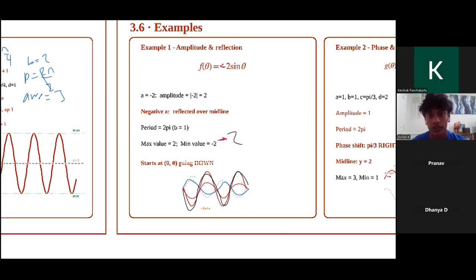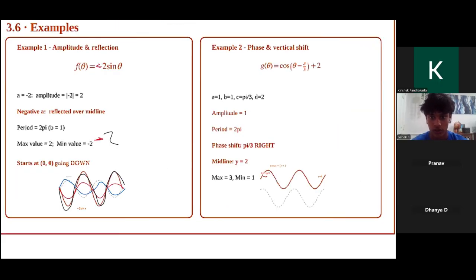Phase and vertical shift. So here we're shifting it right pi over 3 units and then adding 2. So first let's do the shift for pi over 3 units. So minus pi over 3. We're going to use a blue to show it. Let's say it goes something like that.